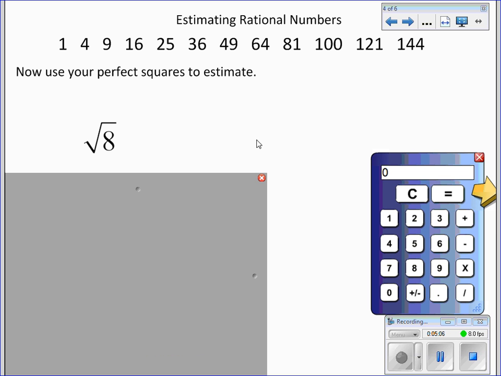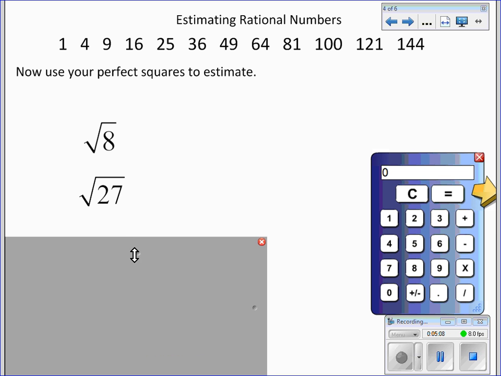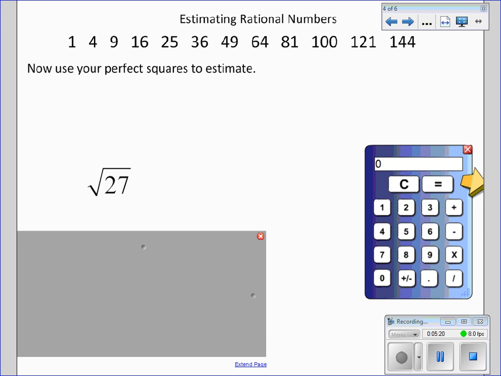Okay, here are perfect squares again. We already did the square root of 8, so let's move on to the square root of 27.